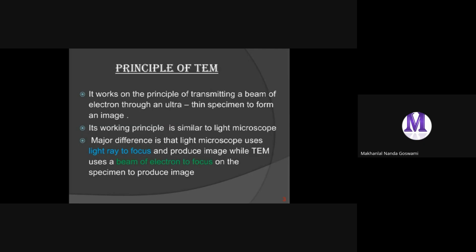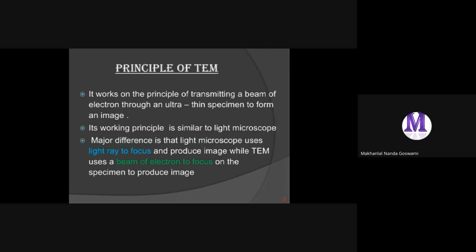Moving on, we have the principle of TEM. TEM works by transmitting a high energy electron beam through an ultra-thin specimen. Electromagnetic lenses focus the electron beam onto the specimen and then magnify the electrons that are transmitted through after interacting with the sample.